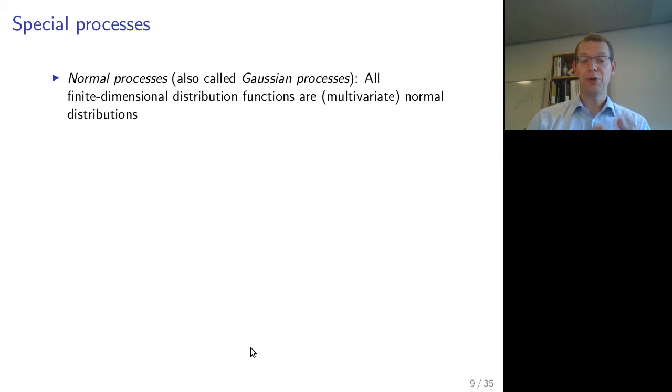So what we will focus on are some different processes. We look at normal processes, also called Gaussian. I will also swap the word a little bit just to keep both active. So there, all finite dimensional distribution functions are multivariate normal distributions.